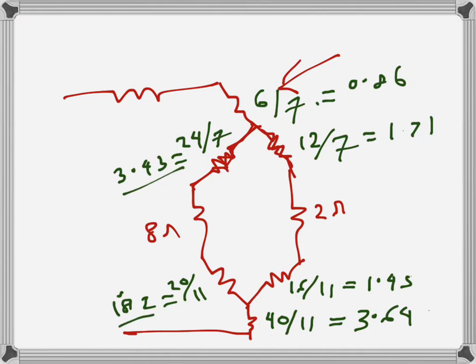3.43 here, 1.82 here, and then here 0.86, 1.71 here, 1.45 and 3.64. So what we have now is these three resistances are in series. So here we have 4 ohms like before.